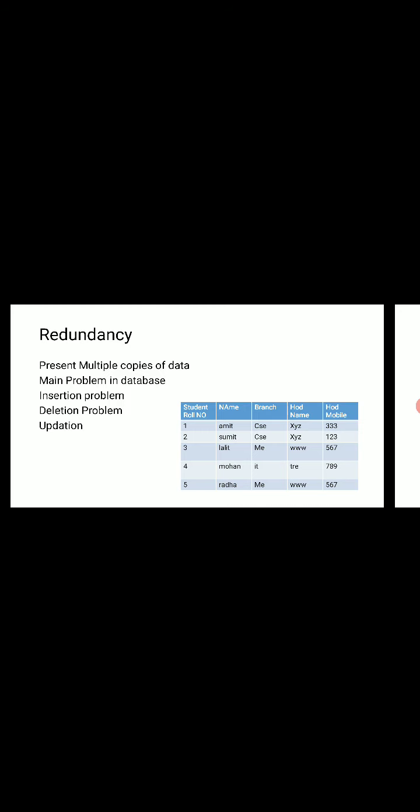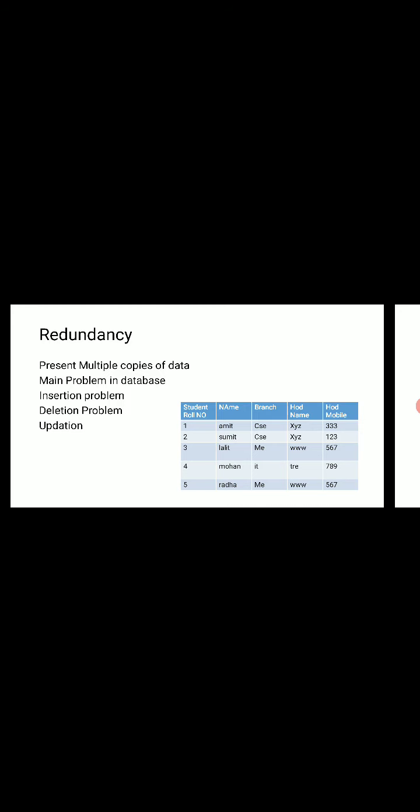Redundancy means multiple copies of data present in the database. In this example, we can see a student table with 5 fields and 5 records: student roll number, name, branch, head name, and head mobile number.